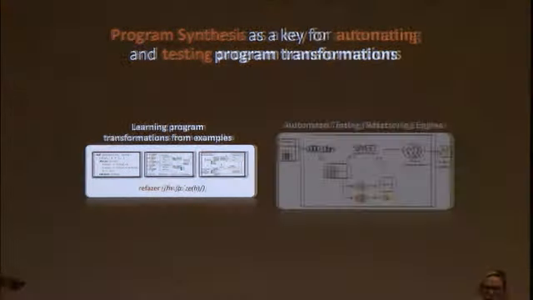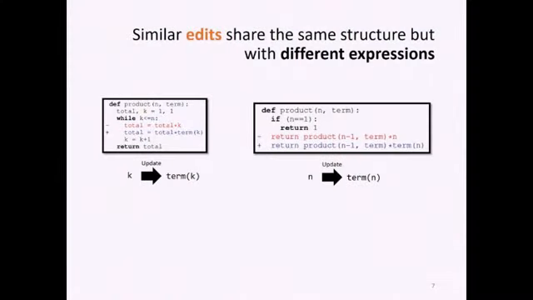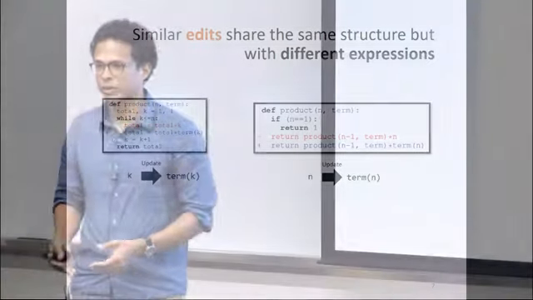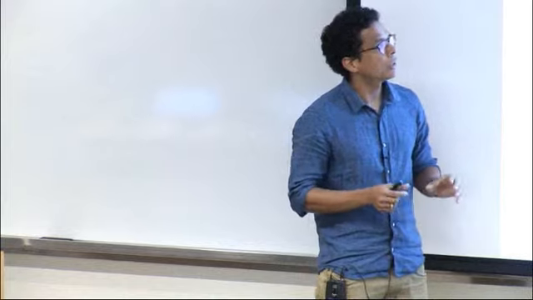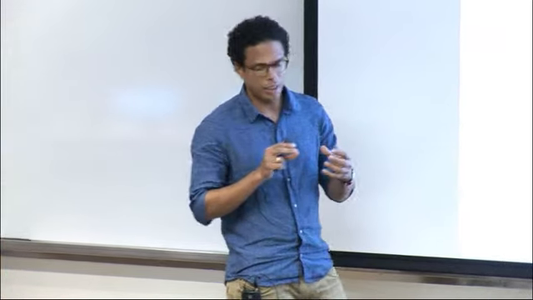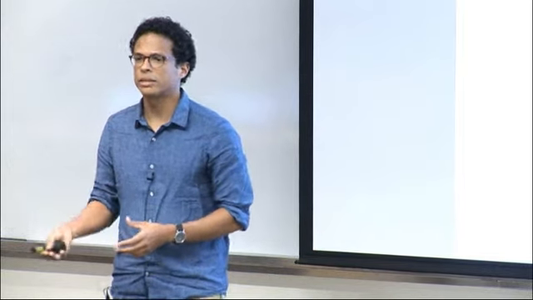So let's first focus on this first problem of learning program transformations from examples. We saw that we may have similar edits applied by different developers. However, these edits share the same structure, but they are not exactly the same.